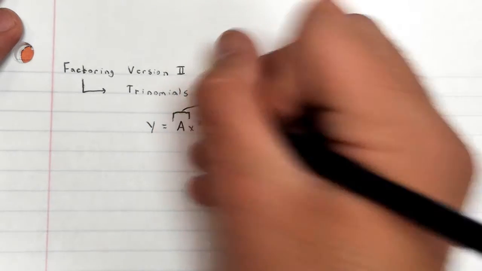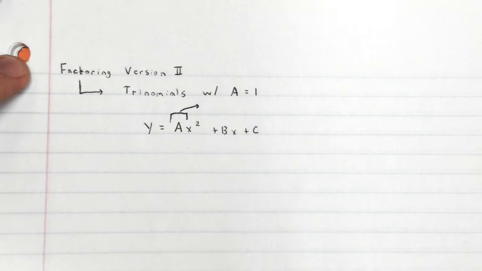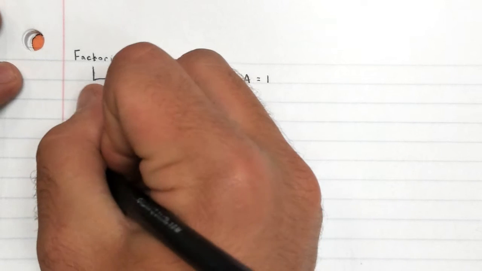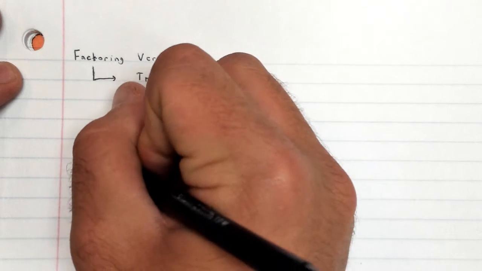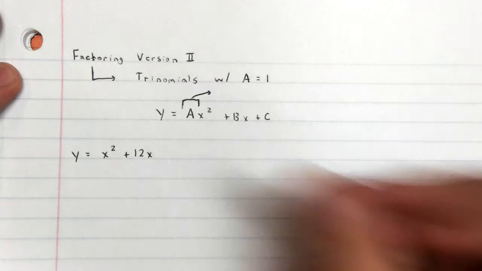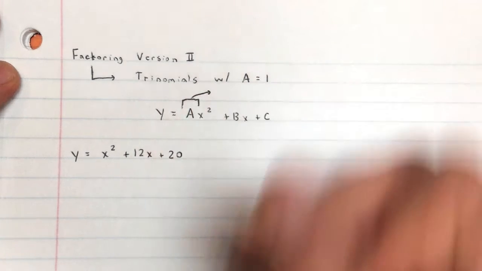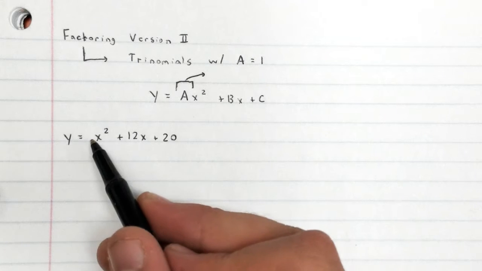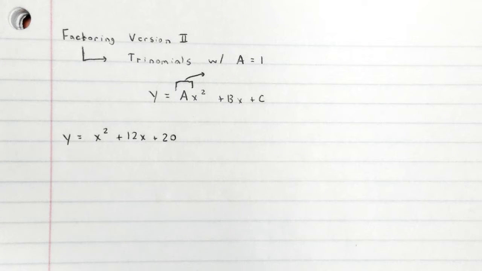I'm talking about this right here, where a is equal to 1. For example, if I have y is equal to x squared plus 12x plus 20, that is an example of a trinomial that has an a value of 1.